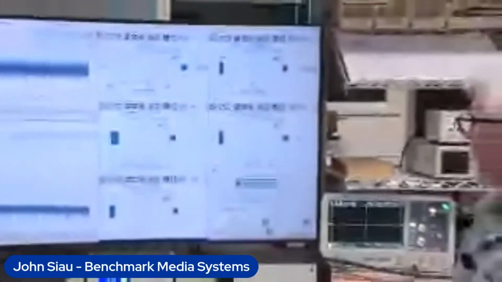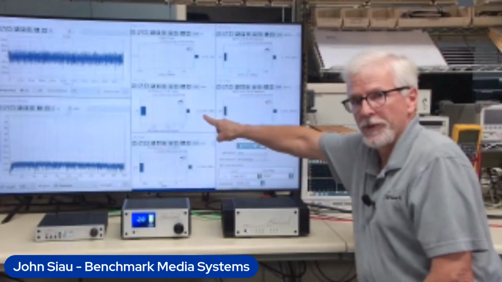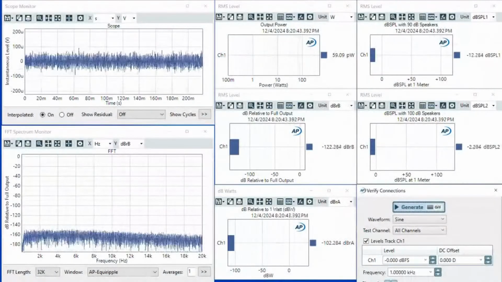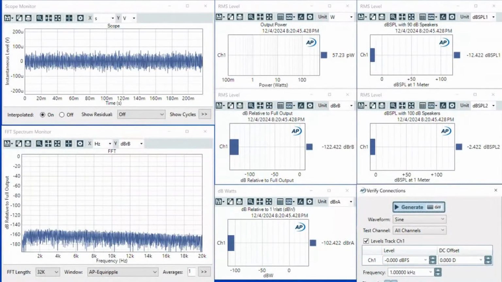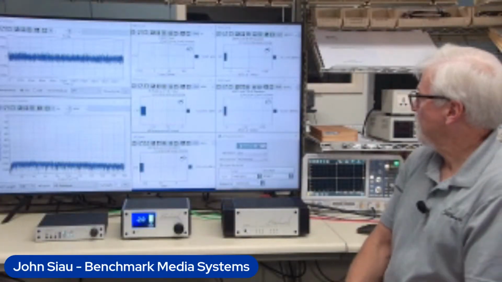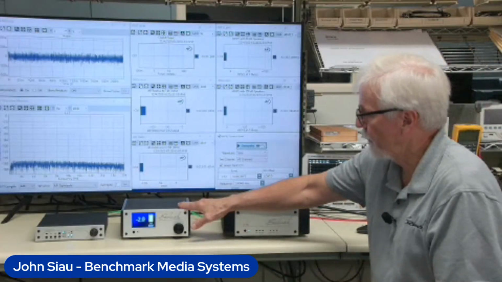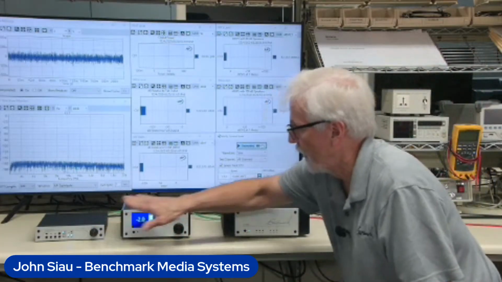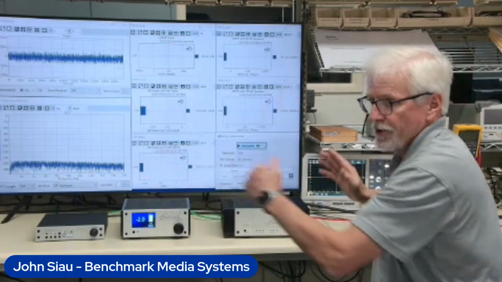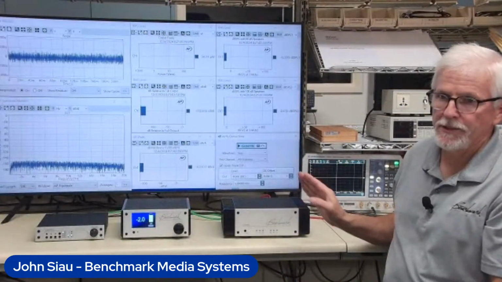Now, if I turn it on, you're going to see a very familiar number here, minus 122, which again was the output noise of the DAC. With the LA4 inserted, I now have 122 dB signal to noise ratio through my entire chain.